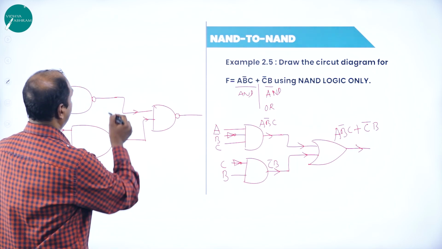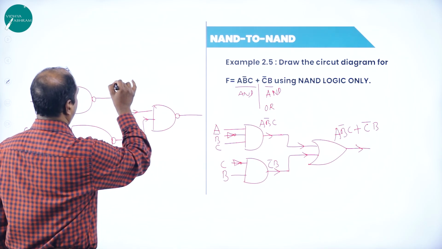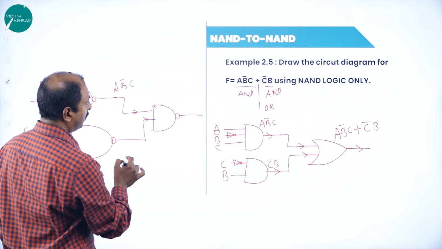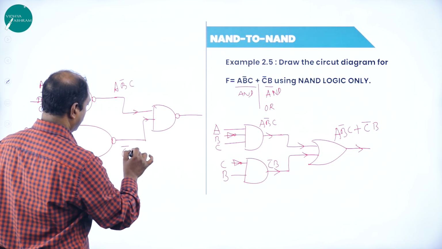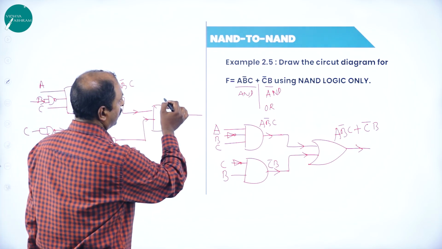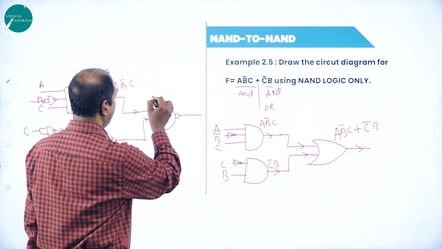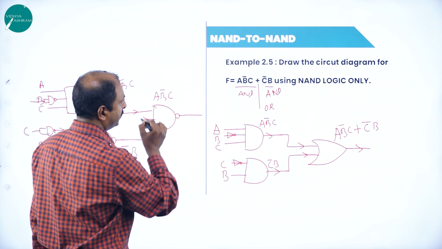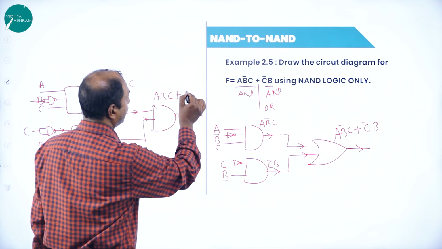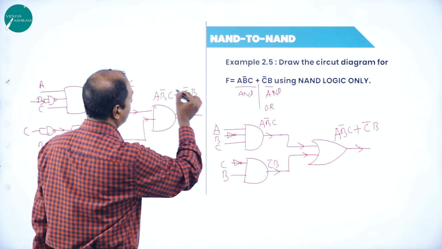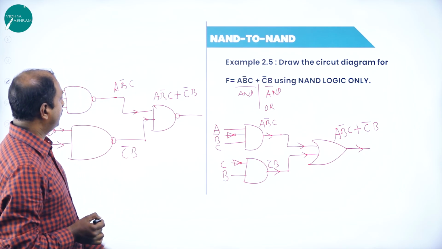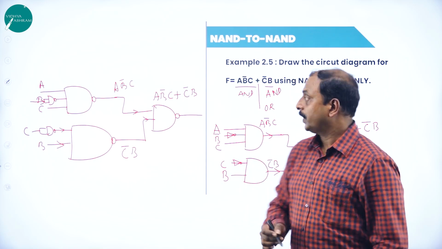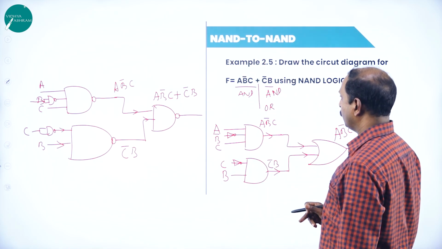Now the output will be the same: A, B naught, C here, C naught, B. The final output would be A, B naught, C plus C naught, B. So this is how to derive a circuit by using NAND gate only.